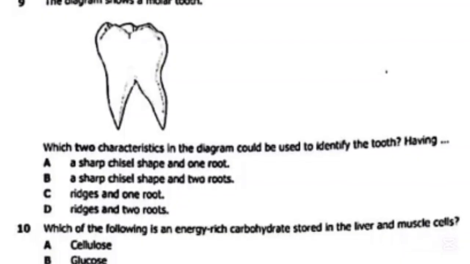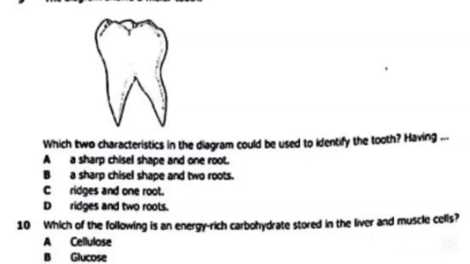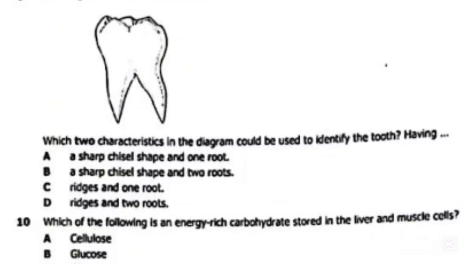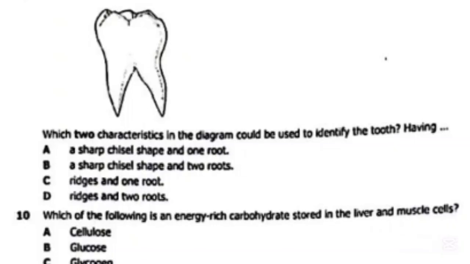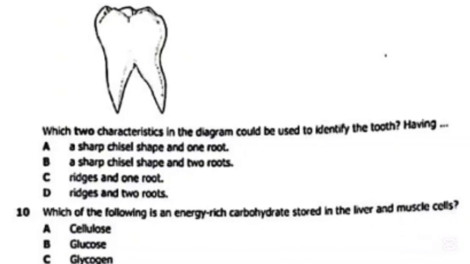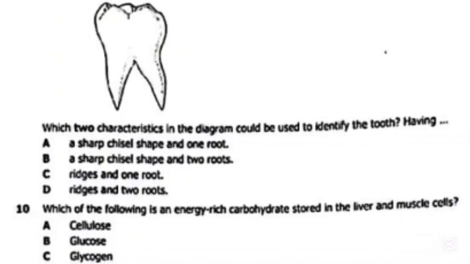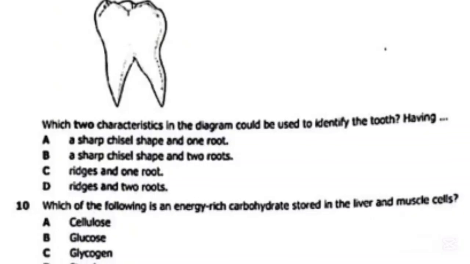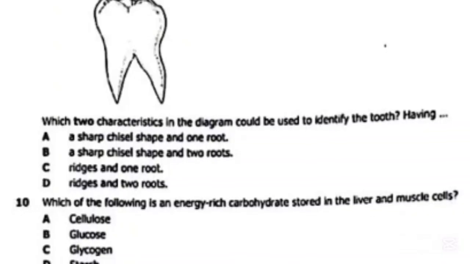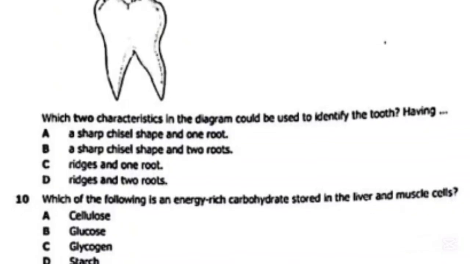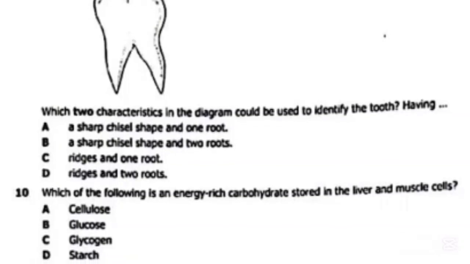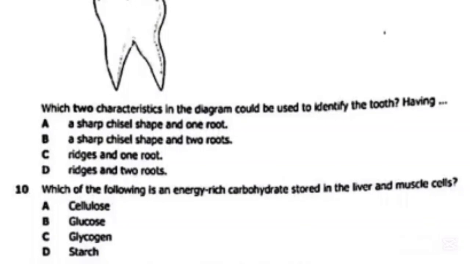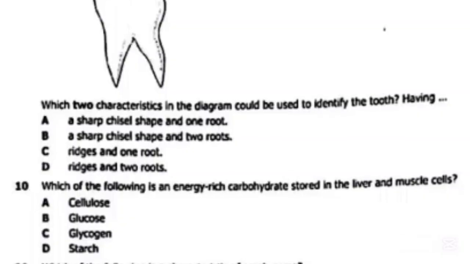B, a sharp chisel shape and two roots. C, ridges and one root. D, ridges and two roots. So first you have to know the function of the tooth which we are seeing here. This tooth is a molar. And what are molars used for? Molars are used for chewing and grinding.